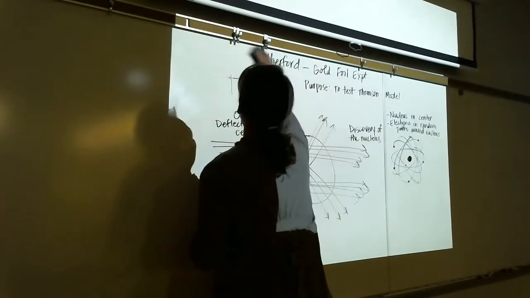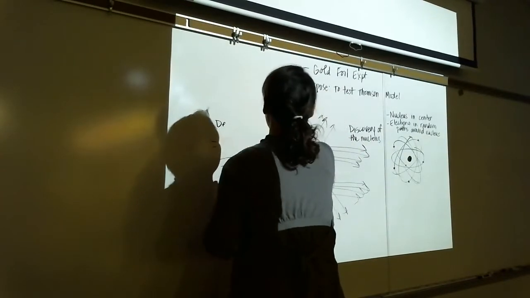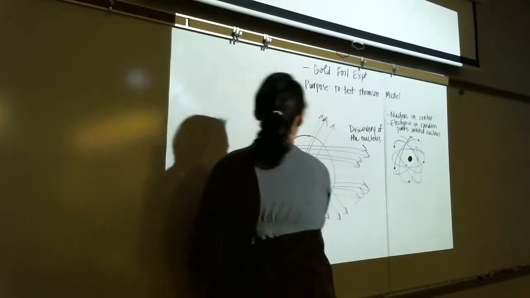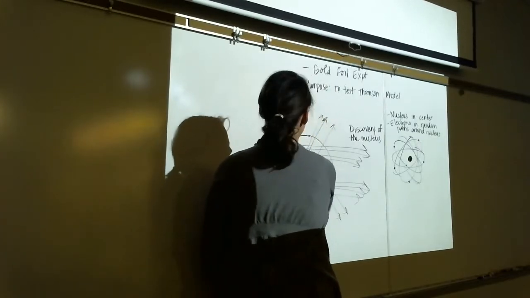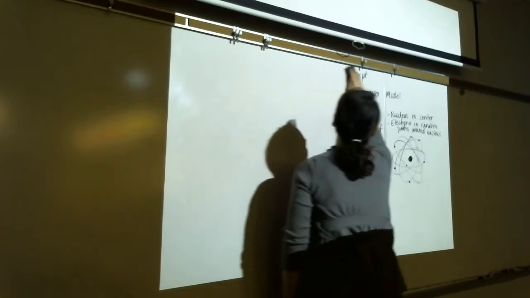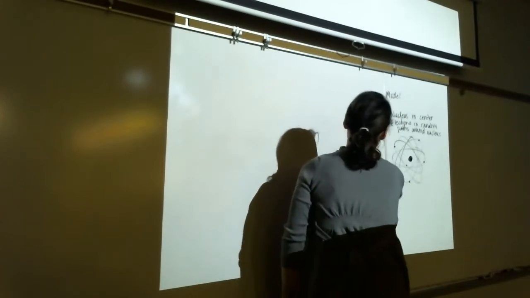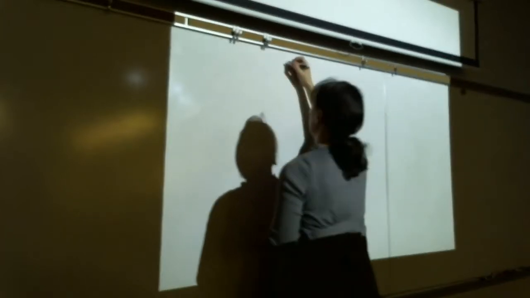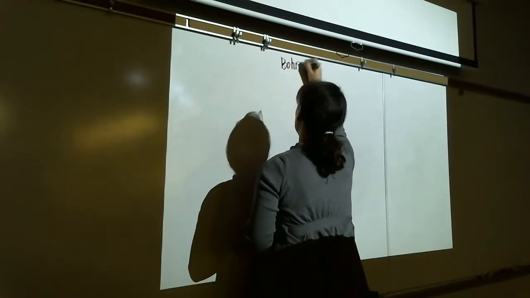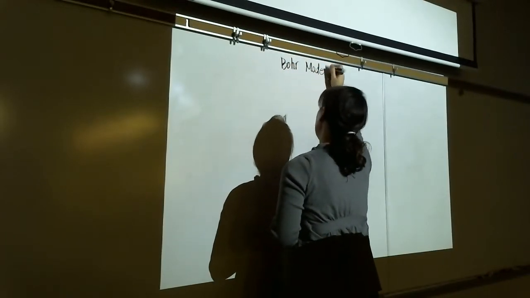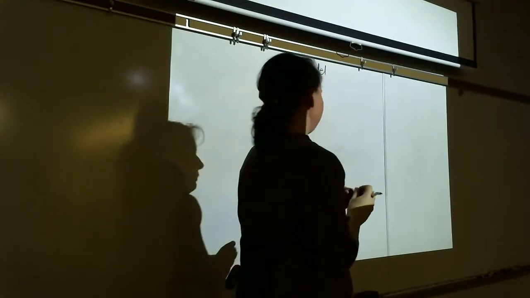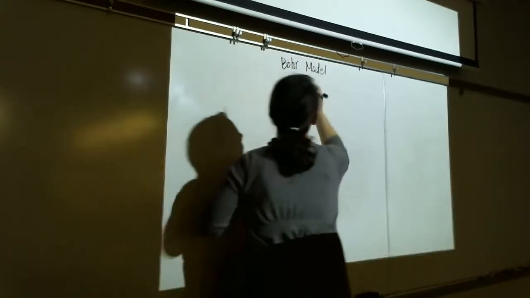You don't need to know the names of any specific experiments that Bohr did. There were a bunch, and they weren't all done by just Bohr, so we're not going to attribute it to one particular person. But the Bohr model of the atom, Niels Bohr, sometimes it's called the planetary model. It takes energy into account.